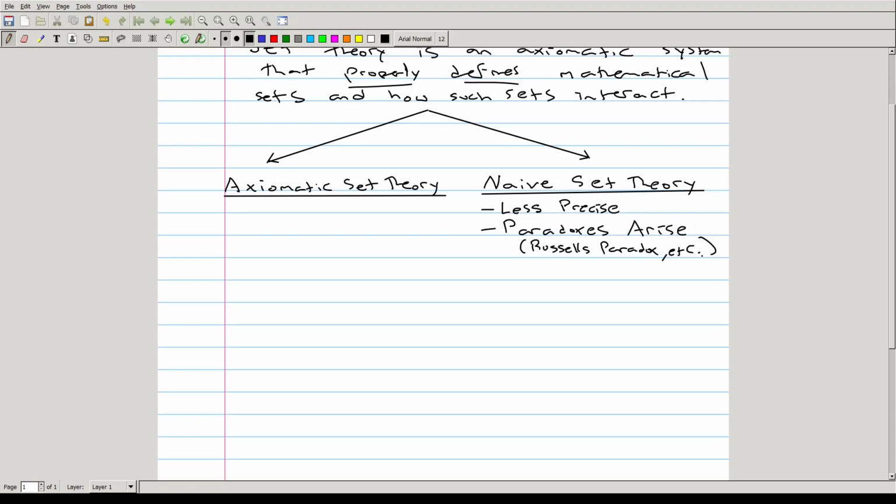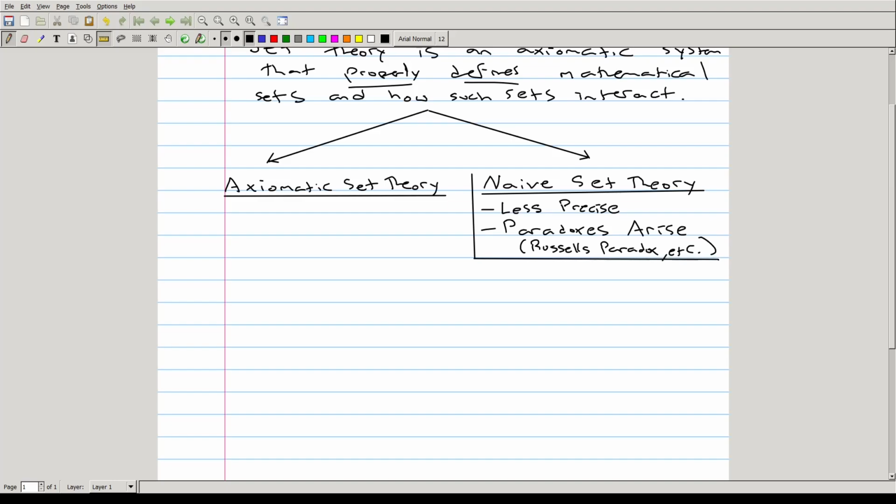But there are others. Just to define, if you don't know what the word paradox means, a paradox is a self-contradictory statement.